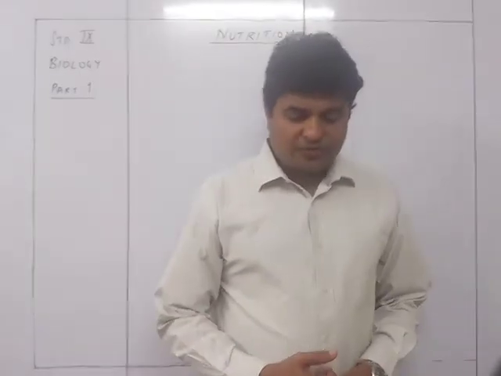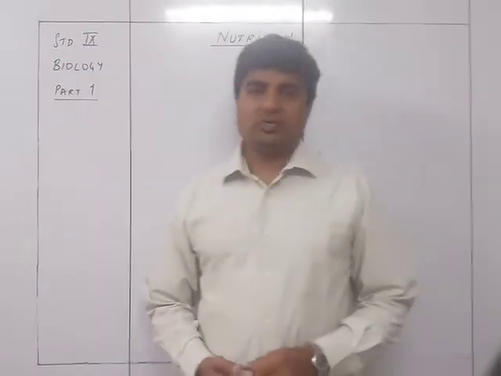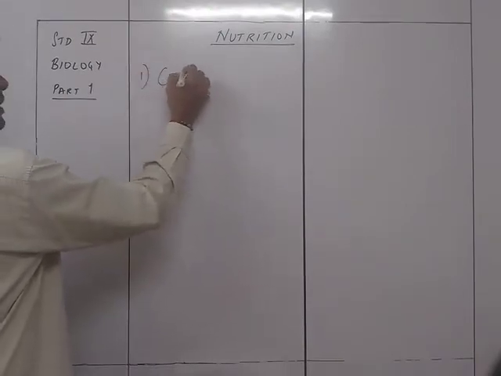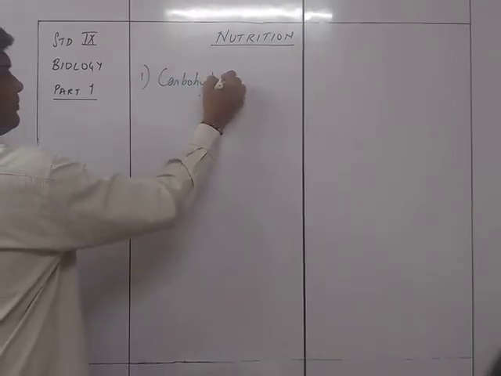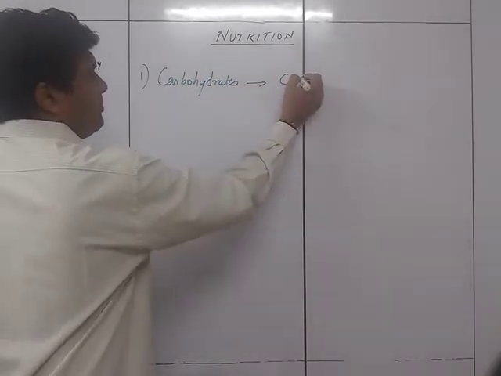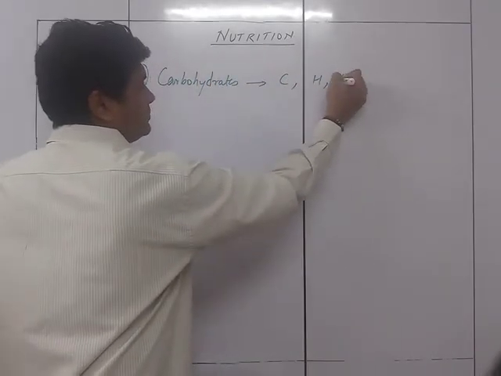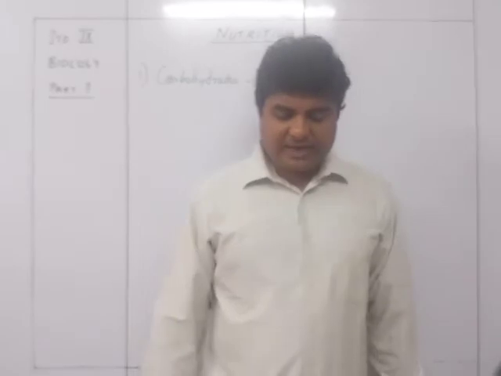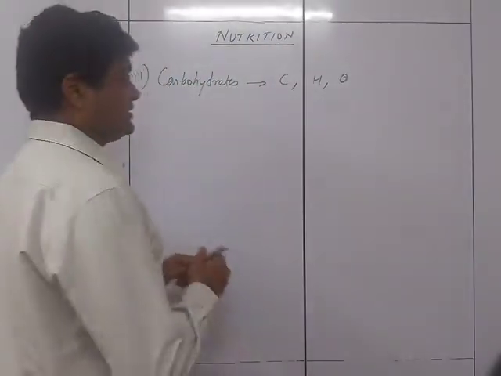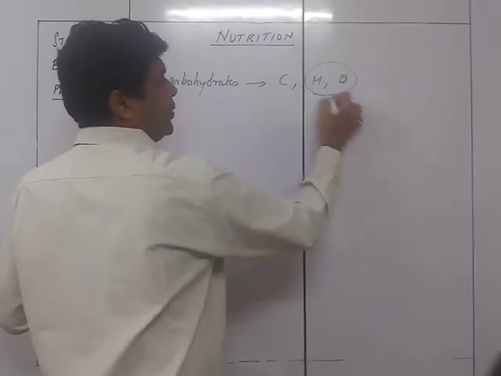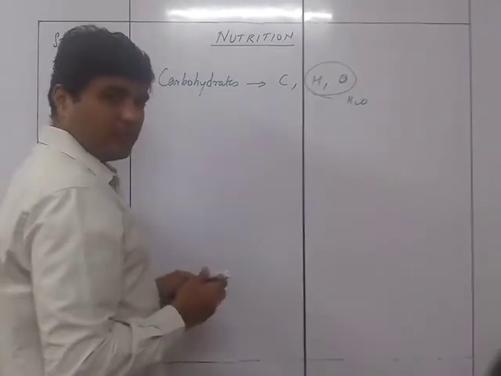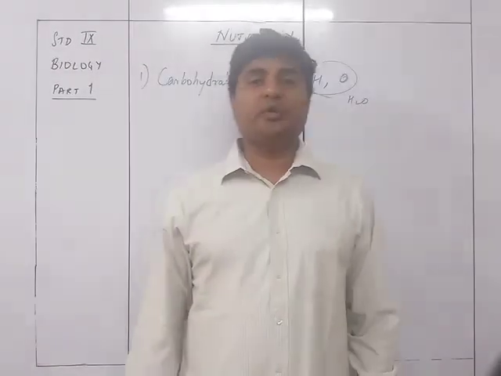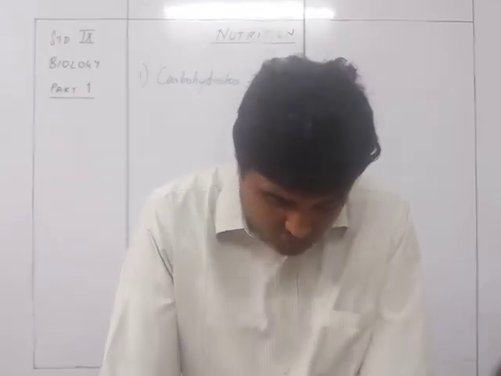Carbohydrates are compounds of carbon, hydrogen, and oxygen. The hydrogen and oxygen are always present in the ratio in which they form a water molecule, H2O. The ratio in which hydrogen and oxygen are present in a carbohydrate will always be such that it forms a water molecule, so that is 2:1.